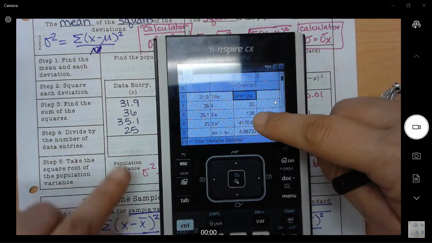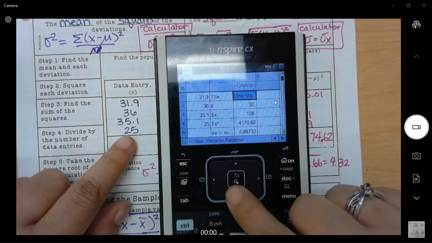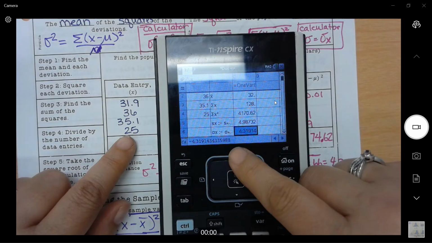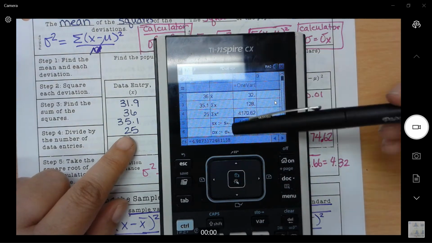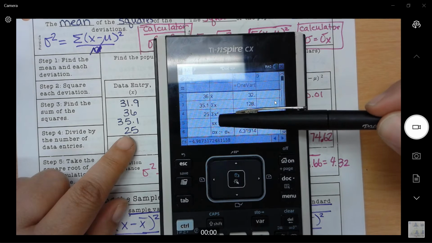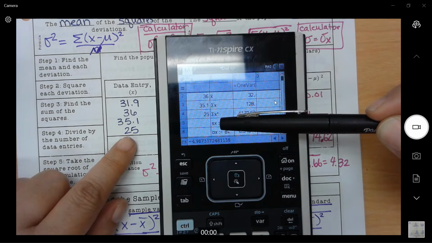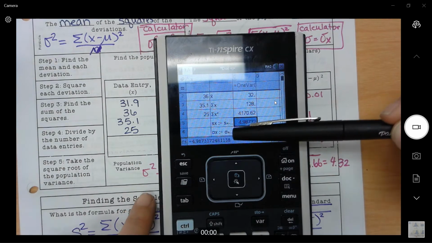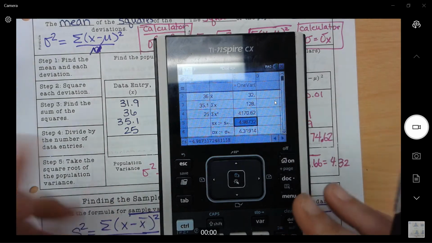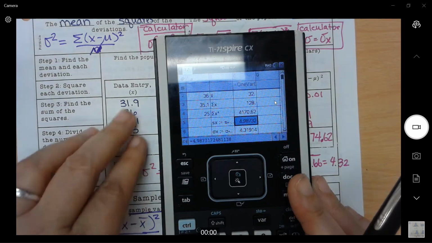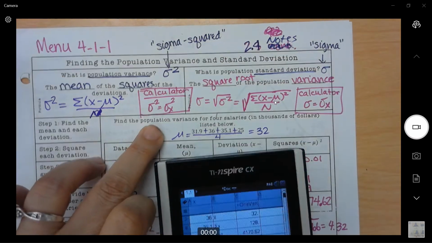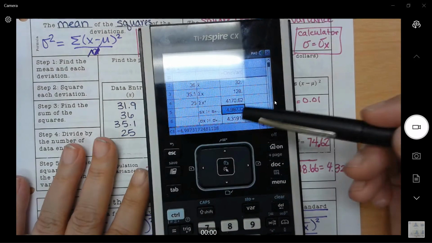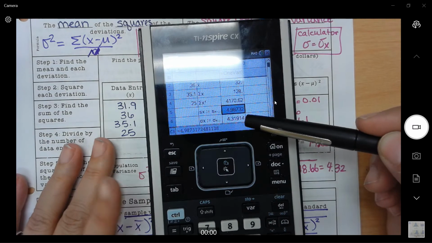And then what you're looking for is going to be two different things. Now, if you're talking about a sample, you'll be looking for the sx. If you're looking at a population, you're looking for the sigma x. So in this case, we were talking about a population. They even said population in the question. So that tells us we're looking for the sigma x.